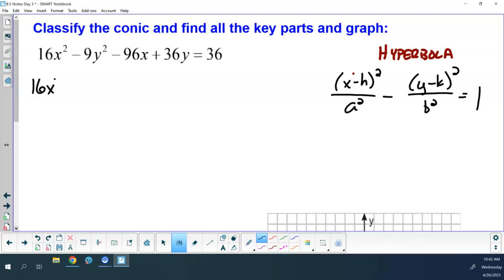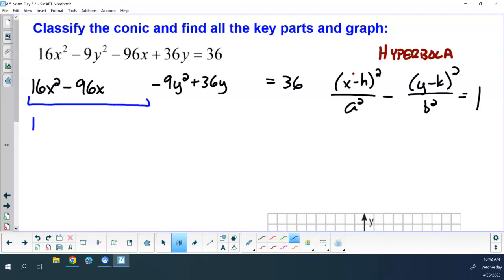16 x squared minus 96x, leave a gap, minus 9y squared plus 36y, leave a gap, equals 36. I'm looking at this one.